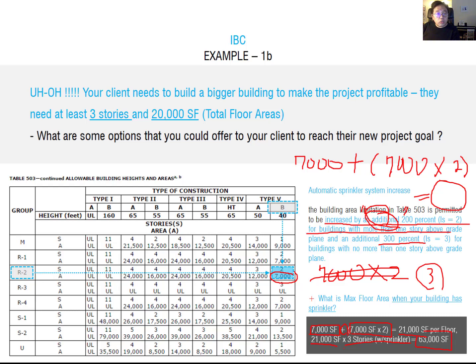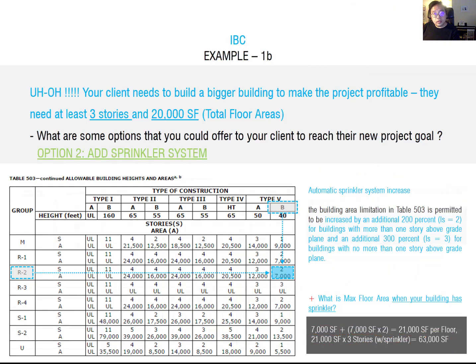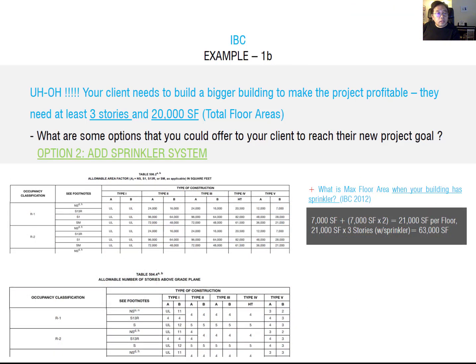So the original one you can only build up to 14,000, which is 2 stories, and 7,000 per floor. But comparing to this, when you're having the sprinkler system, you have a lot of incentive to increase the building area. Okay. So now you can see the understanding about this concept.